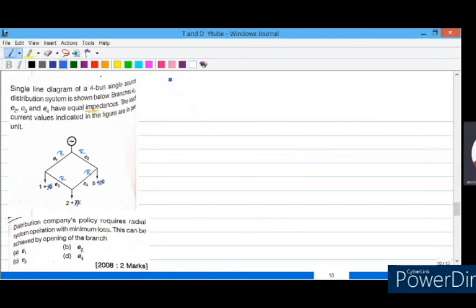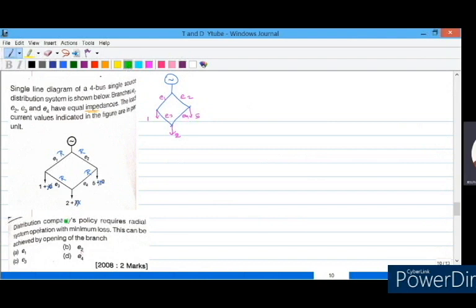So I will redraw the same system once again. The load currents are here 1 ampere, here 2 ampere, and here 5 ampere. And these are the branches E1, E2, E3 and E4.